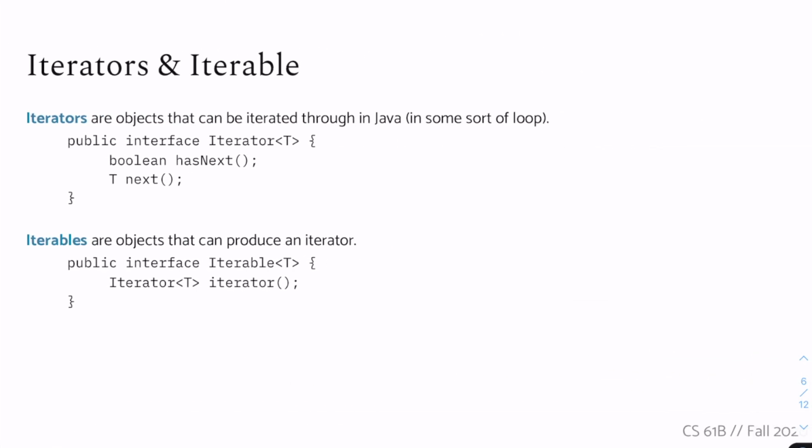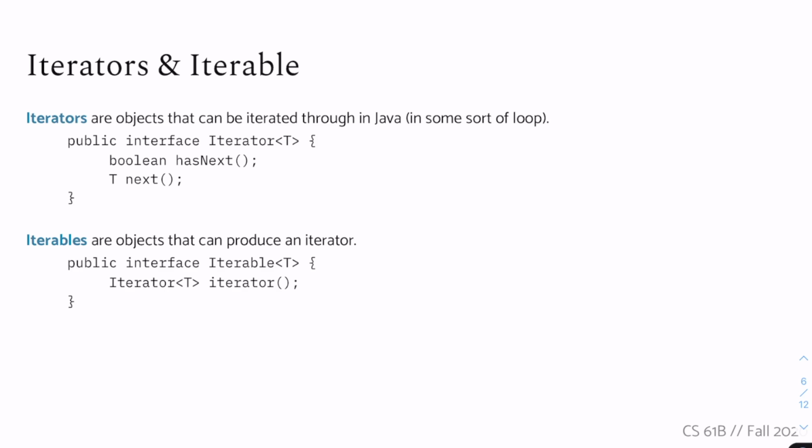Moving on, we're going to talk about iterators and iterables. So from last week, we learned about interfaces, and both of these are interfaces. Iterator is an interface, and I don't think you guys have actually really worked with an iterator yet, but iterators are the objects that can be iterated through, essentially, and they have two functions that they have to define.